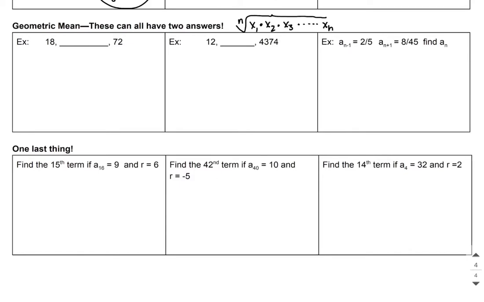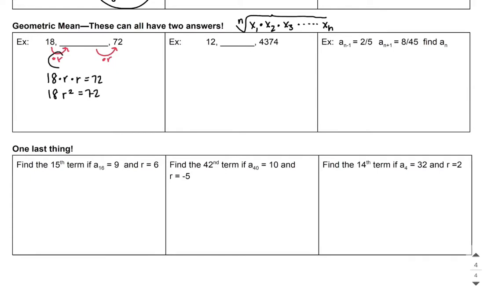So if I wanted to find the geometric mean for the first example, I'm just going to figure it out based on logic what the number in between is going to be, by the fact that I know that I have to multiply by r to get that term in between, and then I have to multiply that term by r to get 72. So I'm going to write an equation to solve. I have 18 times r again is equal to 72, or I can write 18 times r squared is equal to 72.